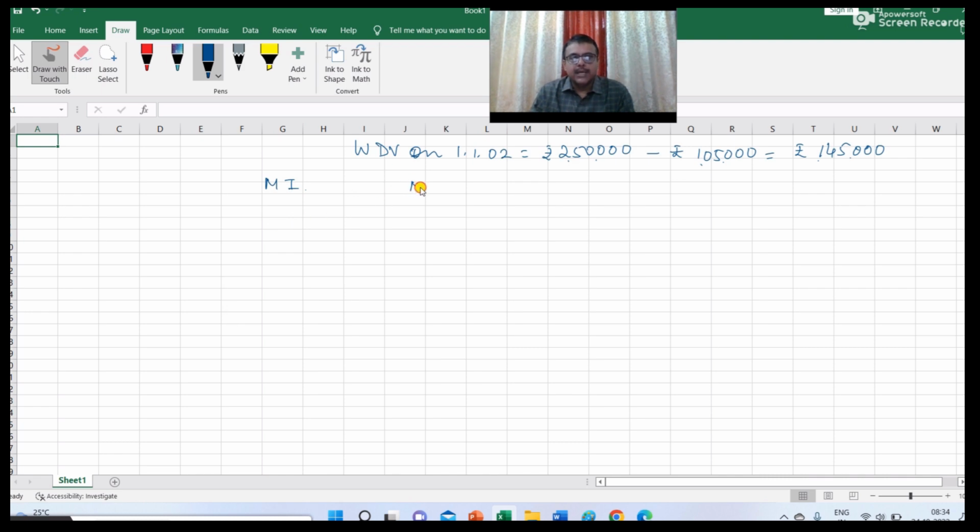So I am writing here M1 and M2. So the cost on 1st July 99 is given at rupees 15,000 and 12,000.